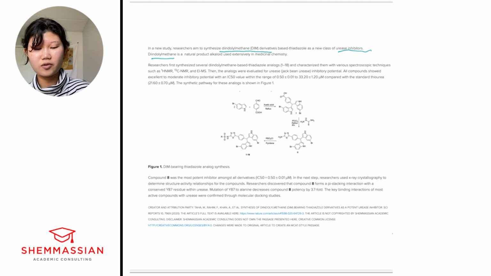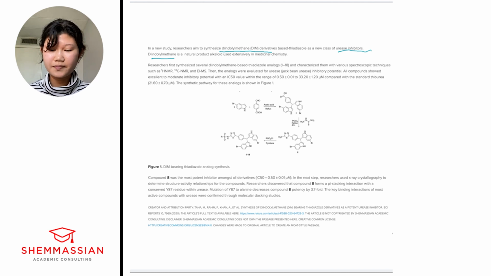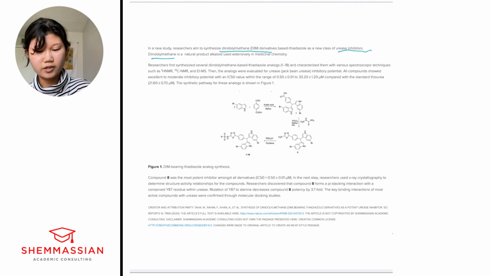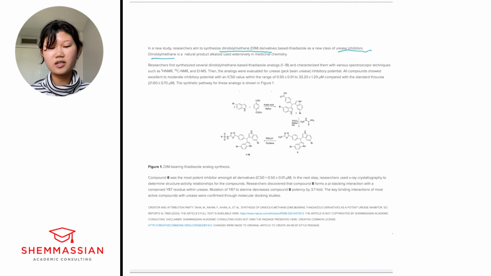All compounds showed excellent to moderate inhibitory potential with an IC50 value within the range of 0.5 plus or minus 0.01 to 33.20 plus or minus 1.20 micromolar, compared with the standard thiourea, 21.60 plus or minus 0.70 micromolar. The synthetic pathway for these analogs is shown in figure 1.